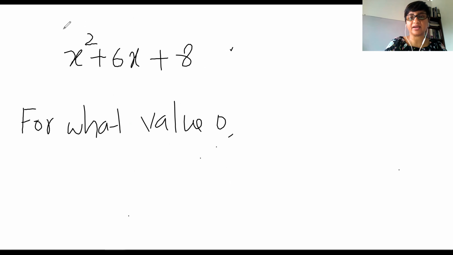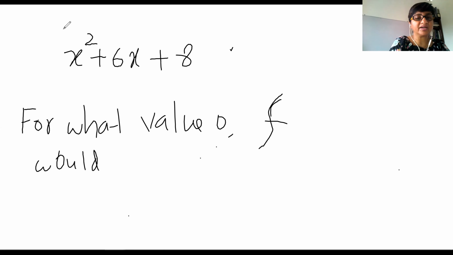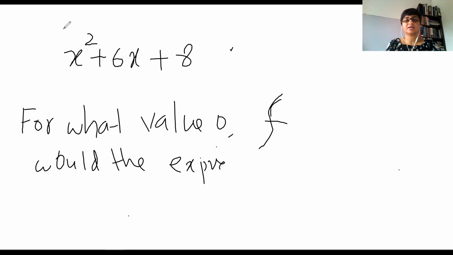I can't write there, I have a dead spot in the middle of my screen.